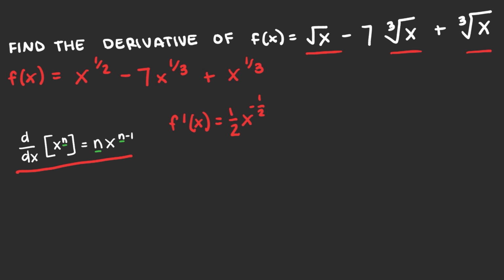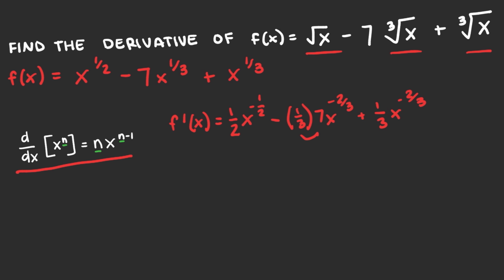And then for the second term, we have the 1/3 times the 7x, and then 1/3 minus 1 would give us negative 2/3, plus 1/3 x, and then 1/3 minus 1 would give us negative 2/3.